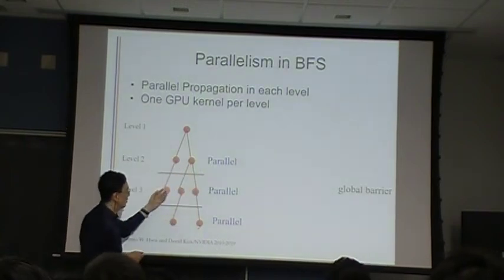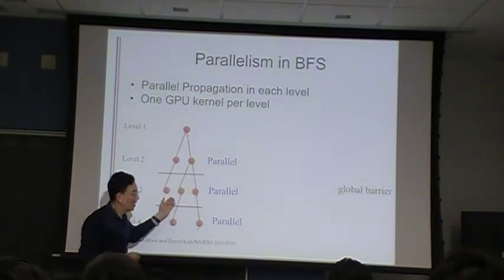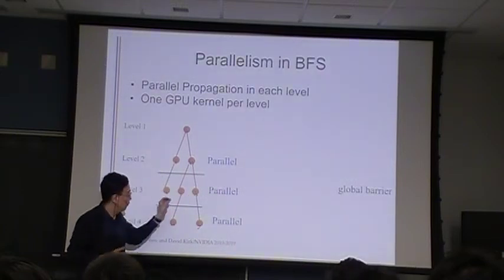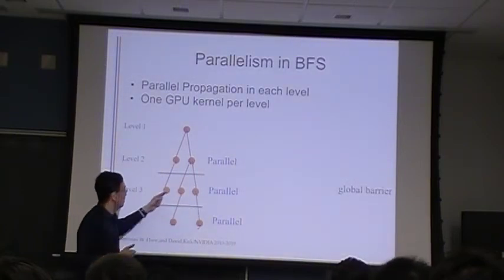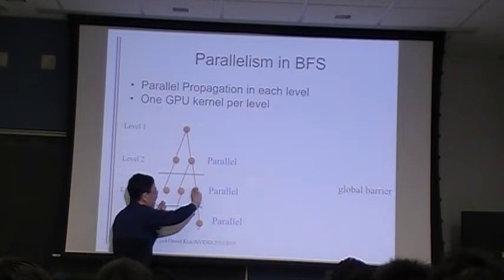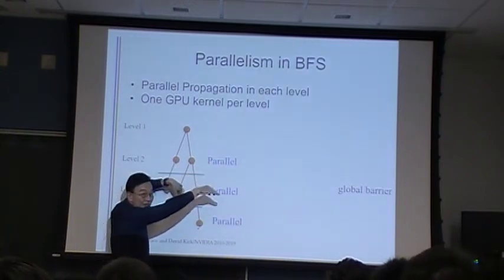These parallel threads need to be able to place these things into the appropriate locations, so that you have a nice, neat, continuous list of frontier nodes for the threads to come in and grab subsets.